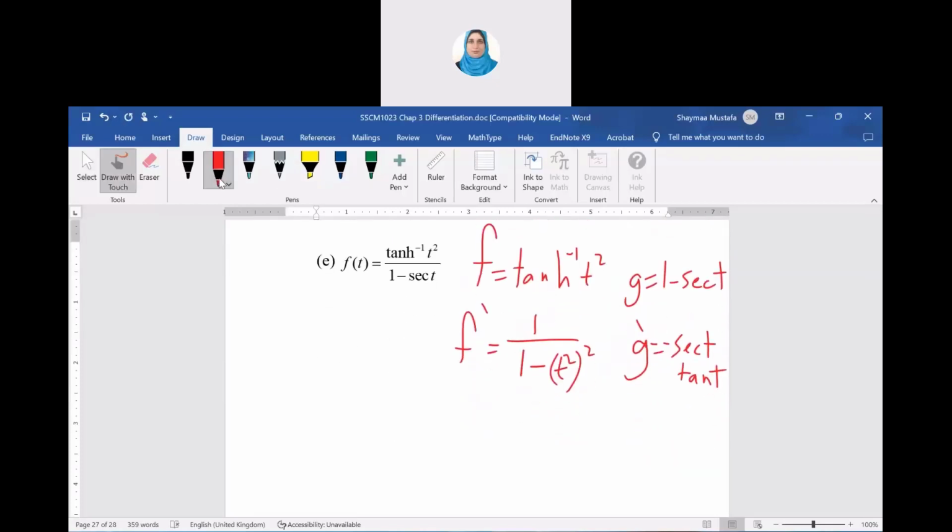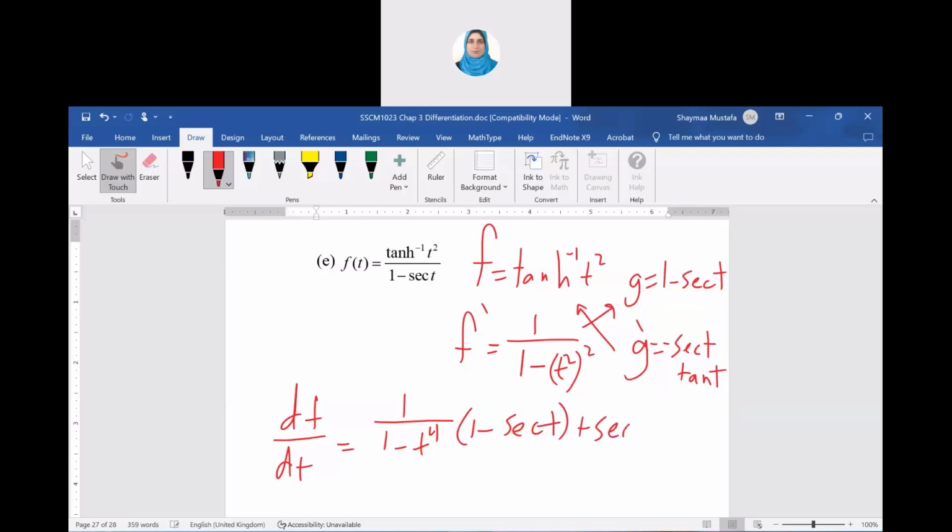In the division rule, you multiply the derivative of f times g minus the derivative of g times f. So df dt is equal to the derivative of f, 1 over 1 minus t to the power 4, multiplied by 1 minus sec t, minus the derivative of g times f.